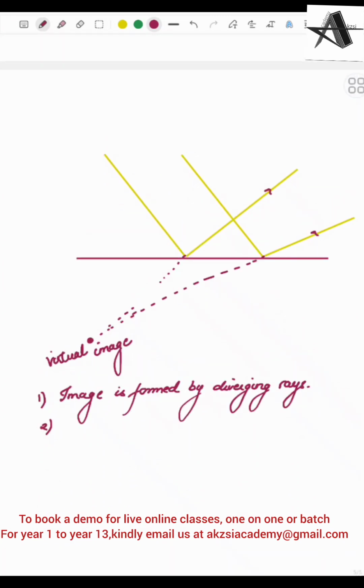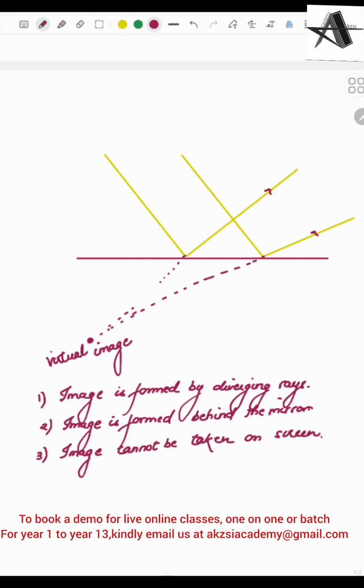The kind of image that you can see in a plain mirror, like the mirrors in your bathroom or in your home, is a virtual image. It cannot be taken on a screen. A real image you can take on a screen, but a virtual one you cannot. So these are basically the types of images.